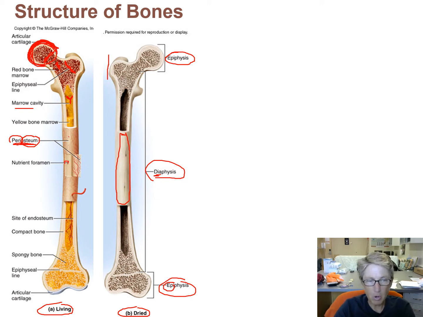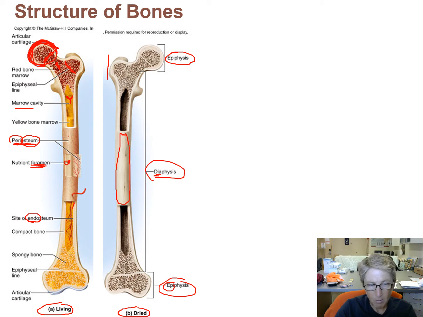And here it shows a nutrient foramen. So a foramen is just an opening in a bone, and it's for nutrients. So that means blood vessels go in there and deliver nutrients to the cells that live inside the bone. And then if there's a periosteum, inside lining the cavities is an endosteum.